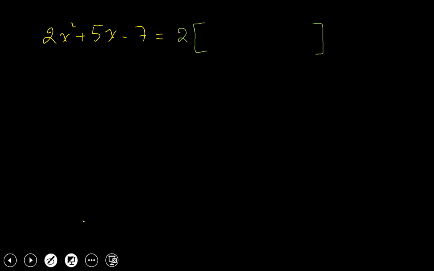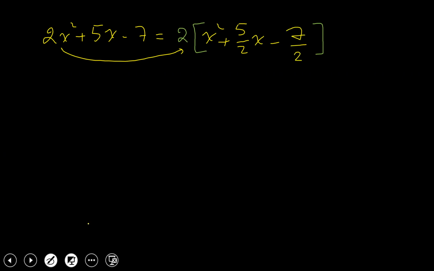Again, 2x squared divided by 2 is x squared. And then 5 divided by 2 doesn't go, so we write 5 over 2, and then minus 7 over 2. Now again, we have to complete the square.